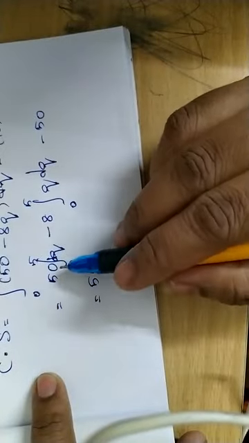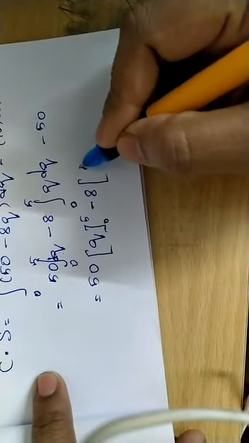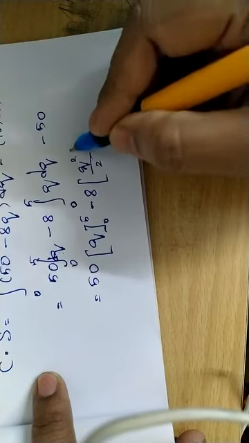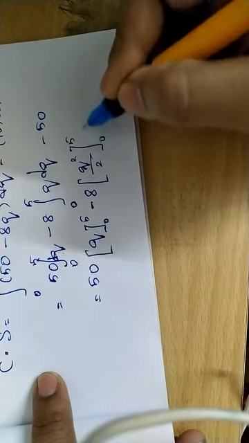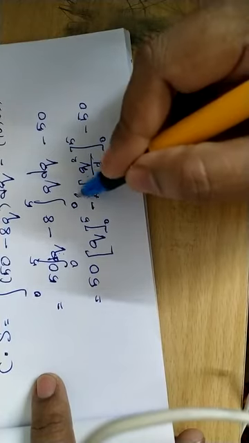So that is equal to 50 times the integral of dQ, which is nothing but Q. Again I need to replace the limits here. Minus 8 into Q square divided by 2, from 0 to 5, minus 50. So this is one time, this is 4 times.